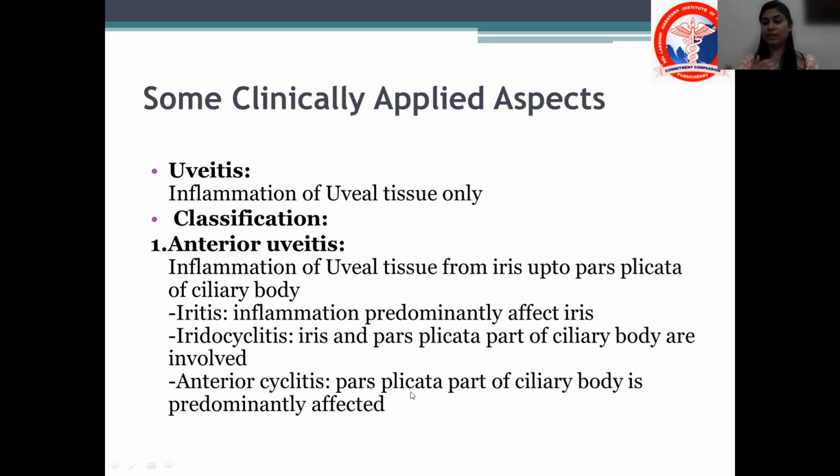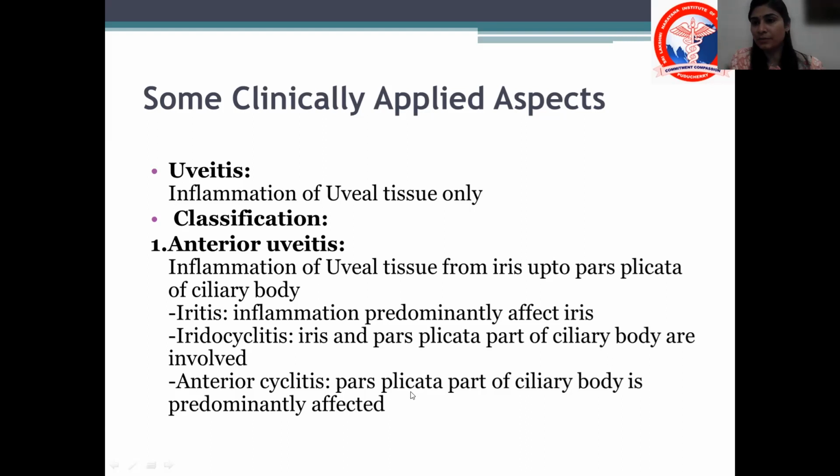It is divided into anterior uveitis, posterior uveitis, and intermediate uveitis. So anterior uveitis is the inflammation of uveal tissue from the iris up to the pars plicata of the ciliary body.